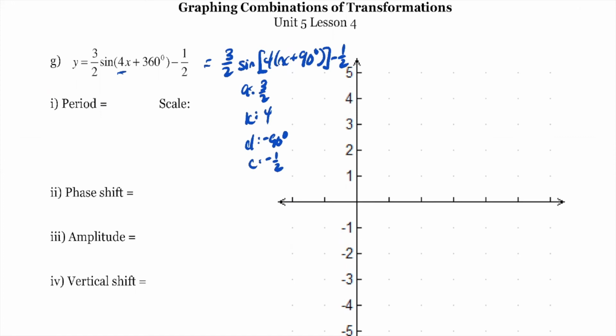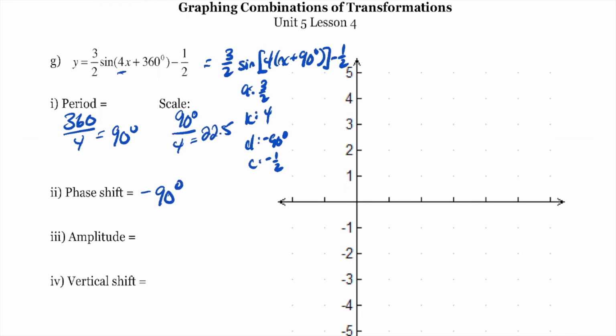My period is going to be 360 divided by my K, which is 90 degrees. Here my scale is going to be 90 degrees divided by 4, which is 22.5. My phase shift is going to be 90 degrees to the left.